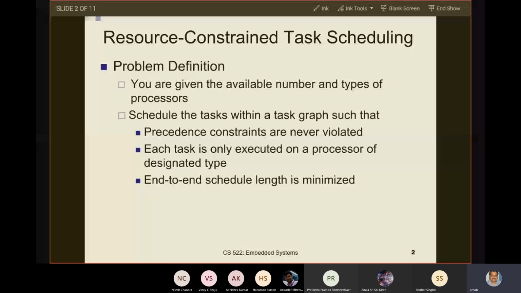And we said that in this problem scenario, we have already done a hardware software partitioning. Therefore, we know which task executes on which type of processor.